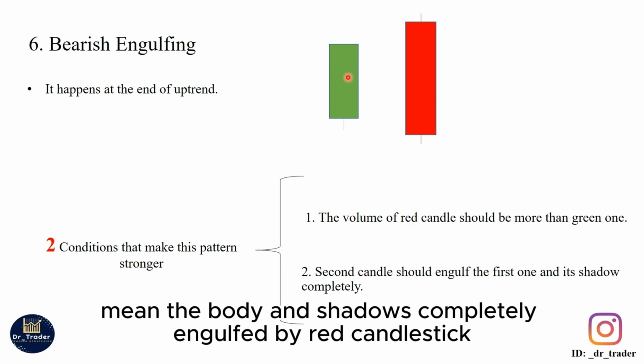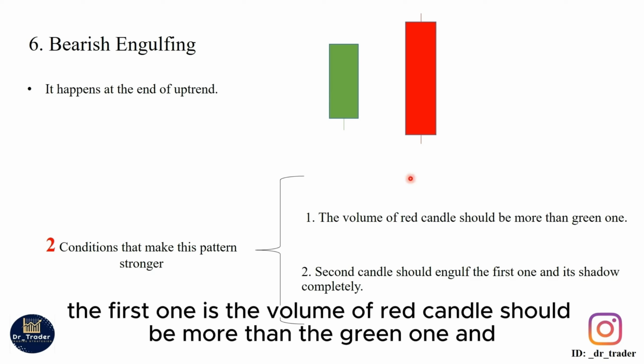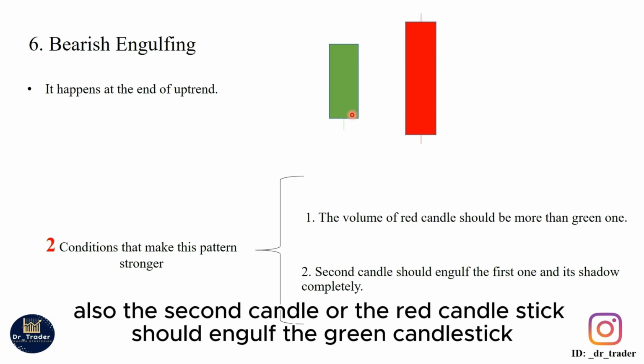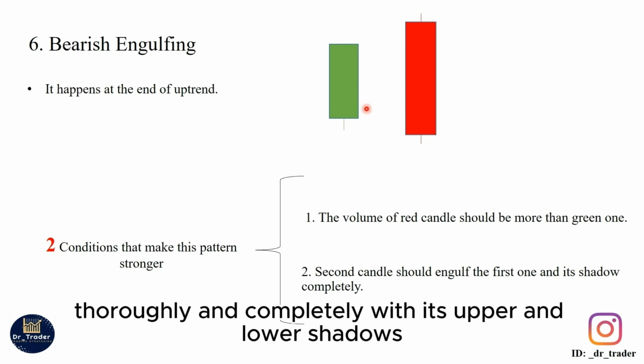I mean, the body and shadows are completely engulfed by the red candlestick. And also, there are two conditions that make this pattern stronger and more powerful. The first one is that the volume of the red candle should be more than the green one, and the second is that the red candlestick should engulf the green candlestick thoroughly and completely with its upper and lower shadows.